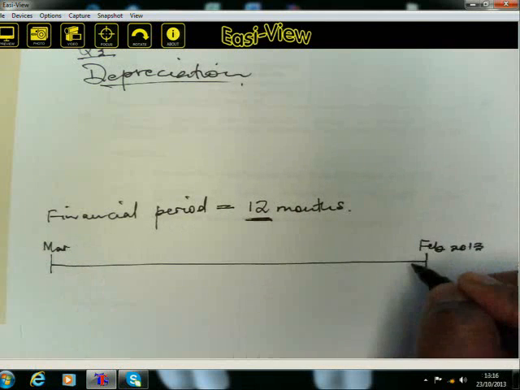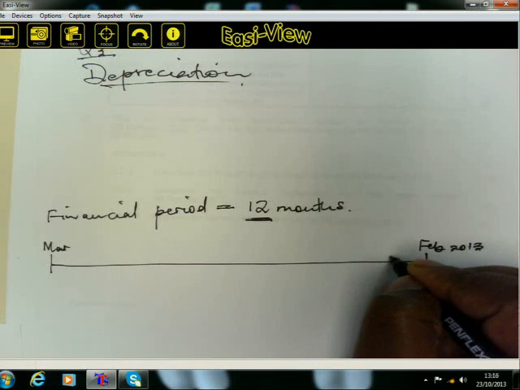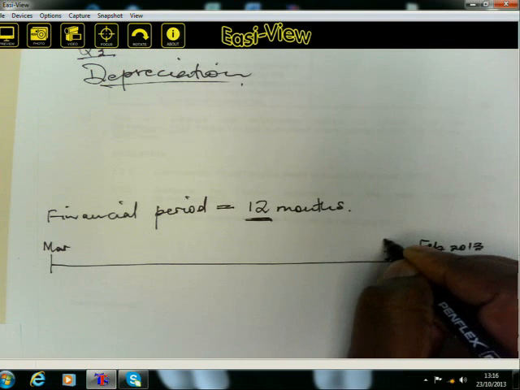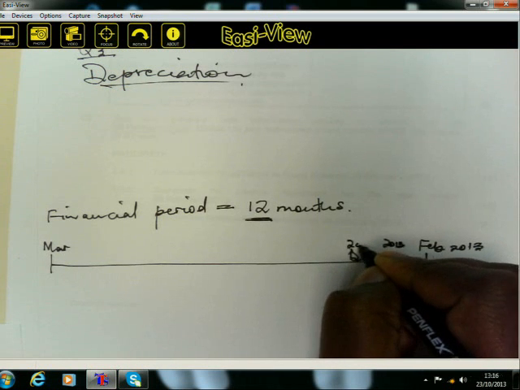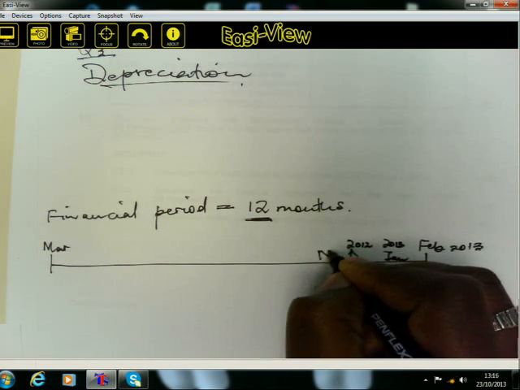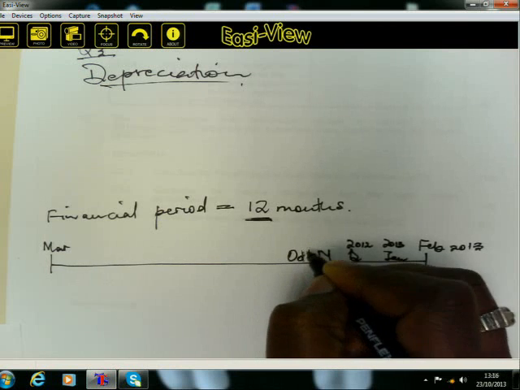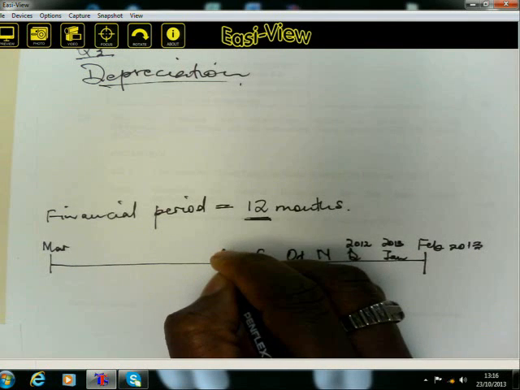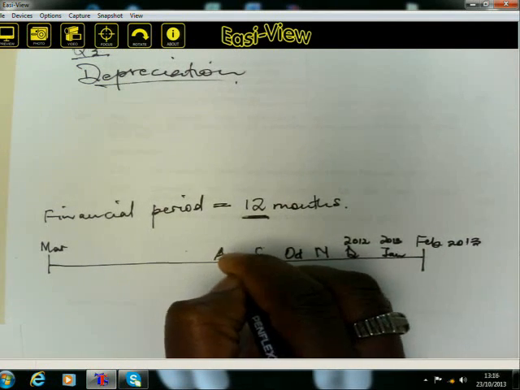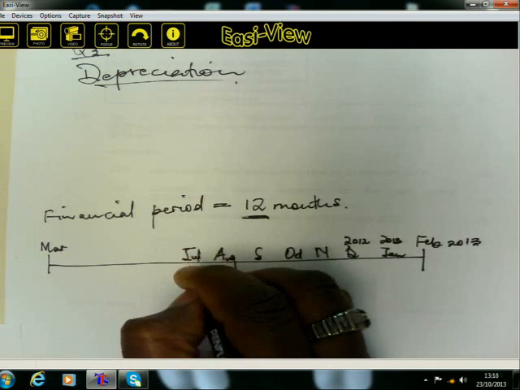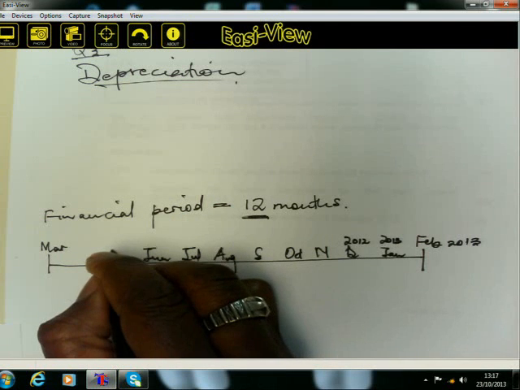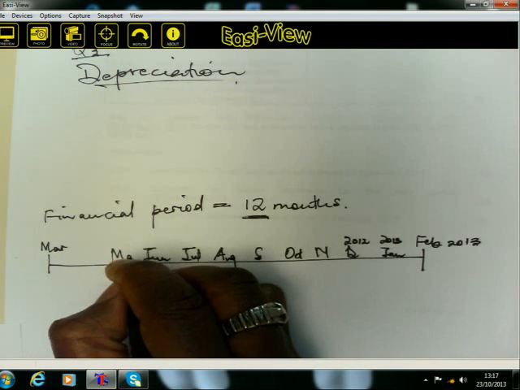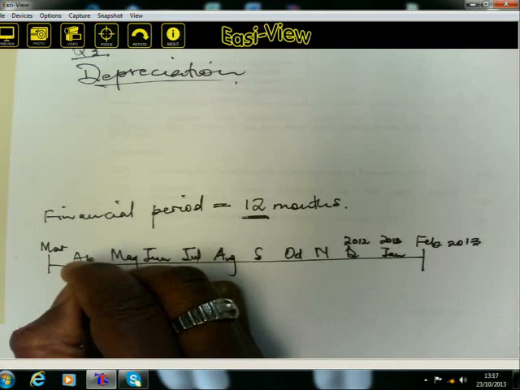We need to count backward for 12 months. Before February, it was January 2013, and then December 2012, and then November, October, September, August, July, June, May, April.